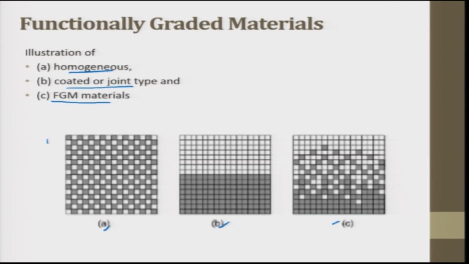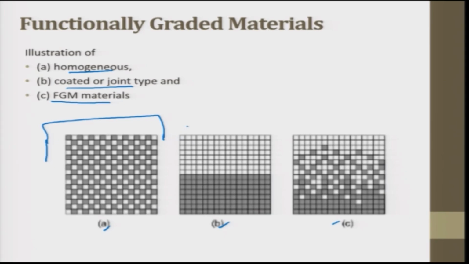So, homogeneous material is a complete homogeneous mixture. This type of composite aims to reinforce material properties by mixing a dispersed phase homogeneously within the matrix. The second type, which is coated or joint type, is characterized by having different material characteristics on separate surfaces in separate parts.